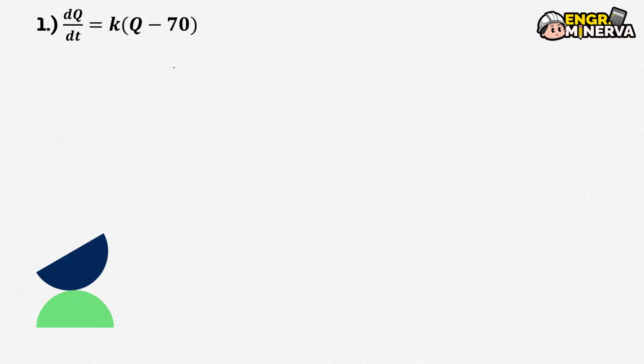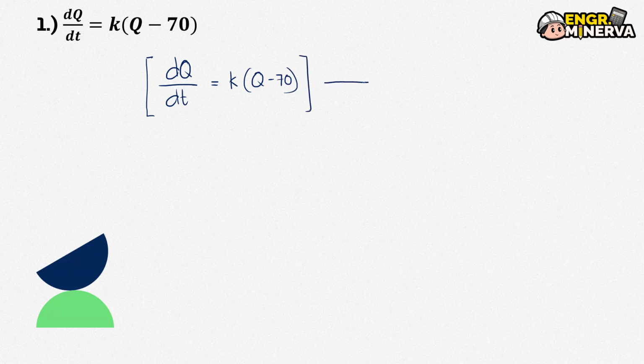So with that, let's have our differential equation dq/dt equals k multiplied by q minus 70. We will multiply the whole equation by dt so that we can eliminate all differentials under the fraction bar.